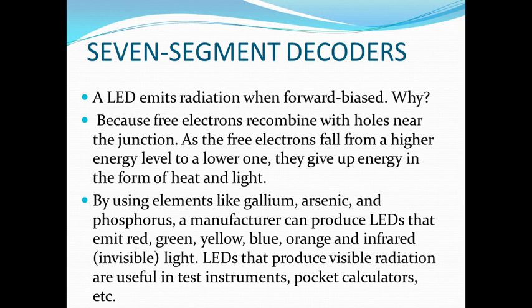How can LEDs be prepared? By using elements like gallium, arsenic and phosphorus. A manufacturer can produce LEDs that emit red, green, yellow, blue, orange and infrared, which is invisible light. LEDs that produce visible radiation are useful in instruments, pocket calculators, etc. LEDs that use infrared or invisible light are mainly utilized in all kinds of remote controls.